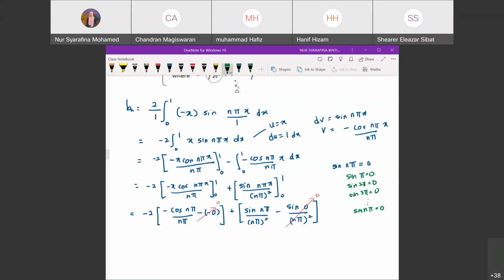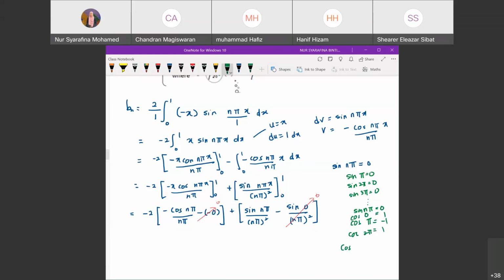Same with cos. Cos n pi. Cos pi equals to negative 1. Cos 2 pi equals to 1. Okay. Cos 0 equals to 1.